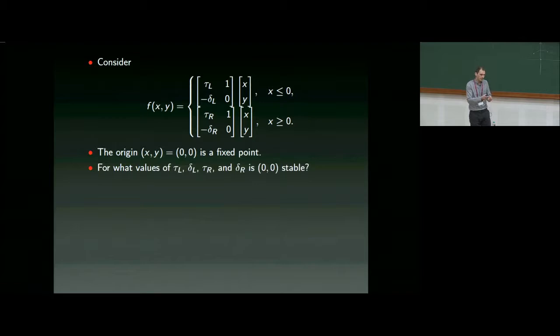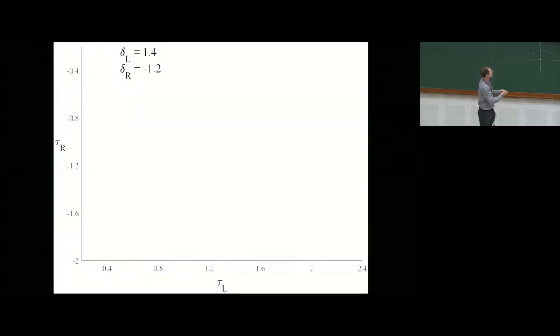Okay, so what we really want is, in our 4-dimensional parameter space, we want to know for what subset is the origin stable. I don't want to attempt a 4-dimensional picture, makes my brain hurt. So I'll just fix 2 of the parameters and let the other 2 parameters vary. And I'm interested in what set in this plane is the origin stable.